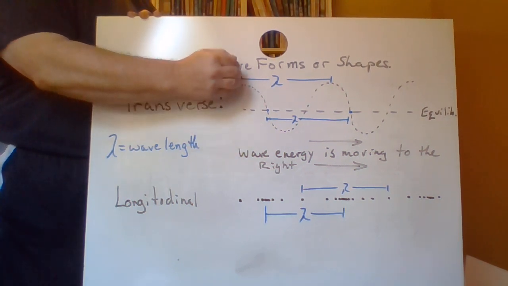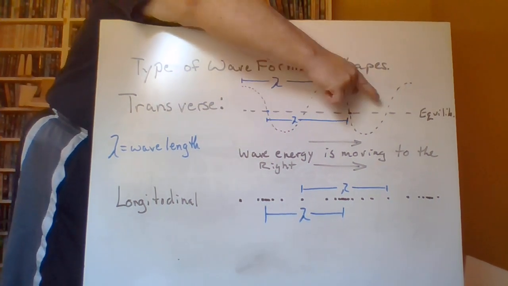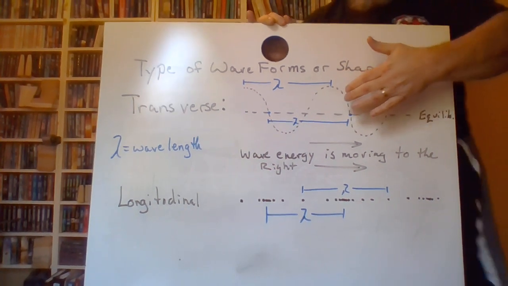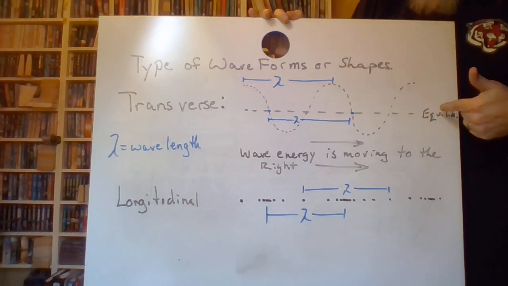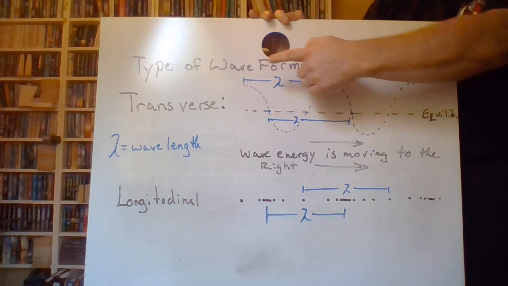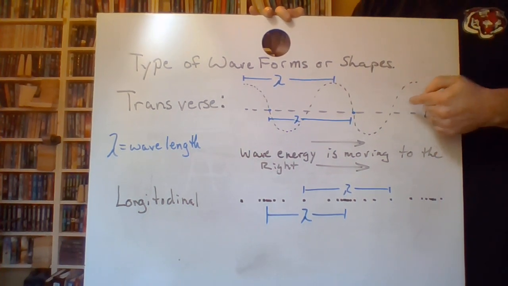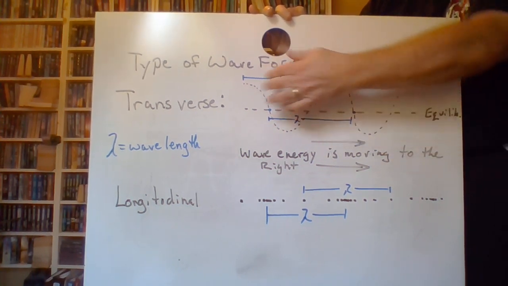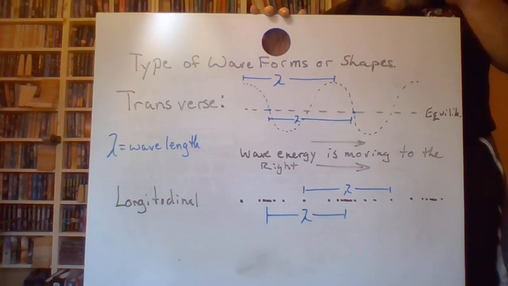The motion of the vibration is perpendicular to the motion of the travel of the wave. So we have here an example where I'm saying, okay, let's say this is a string, all right? And if you shake the string up and down, that's going to get that motion energy of your hand waving up and down. It's going to move it down the string. The string's elastic properties will cause it to move down the string.